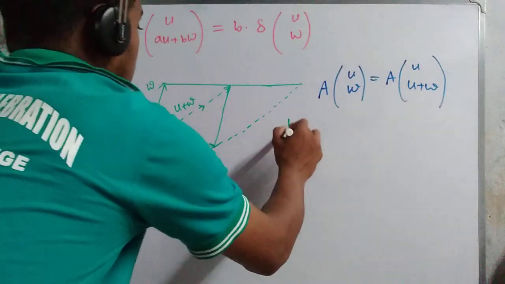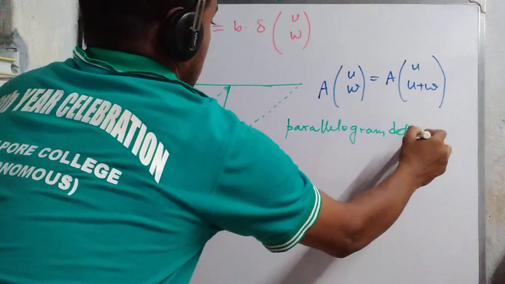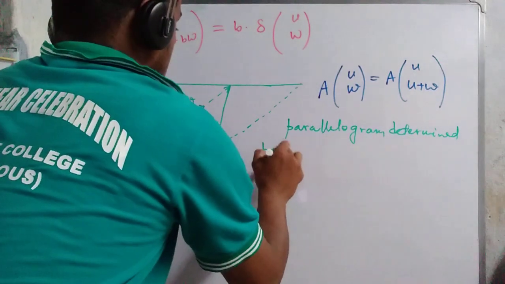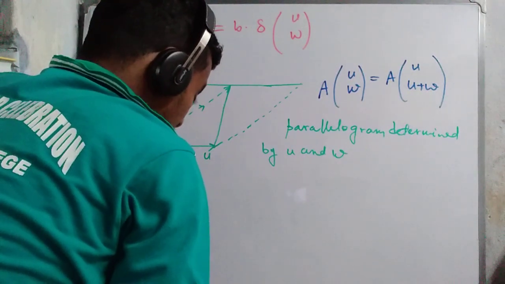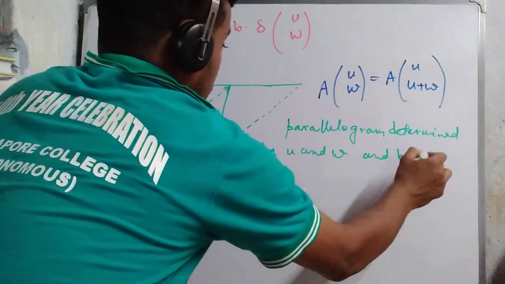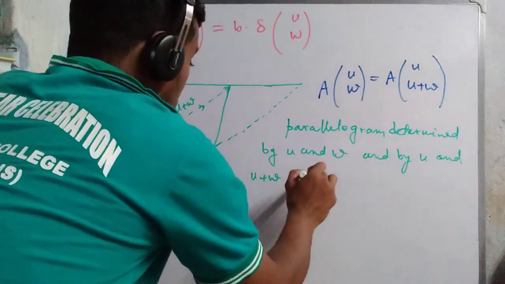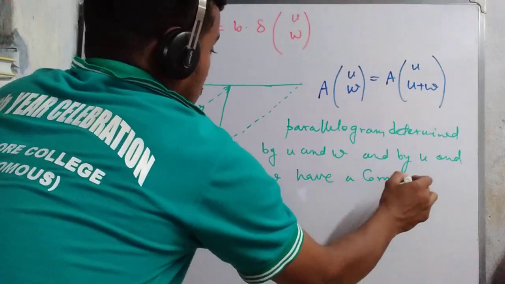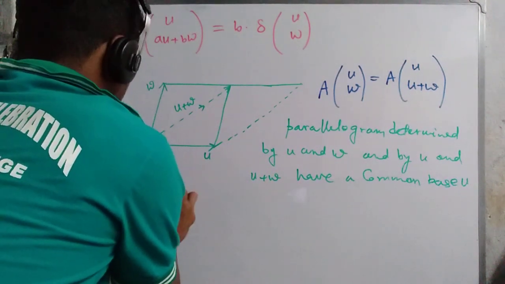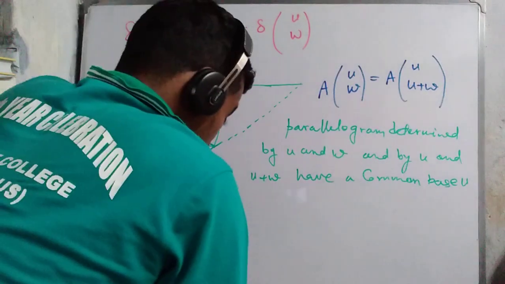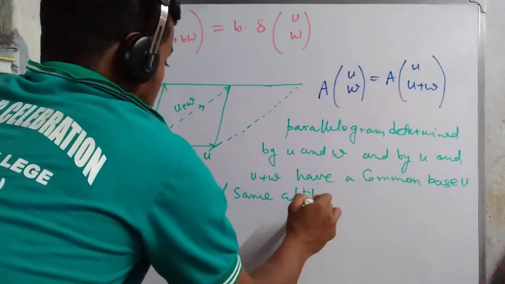We write it here: the parallelogram determined by u and w, and by u and u plus w, have a common base u and height, or the same altitude. Understood?